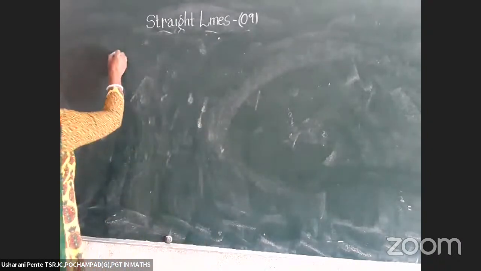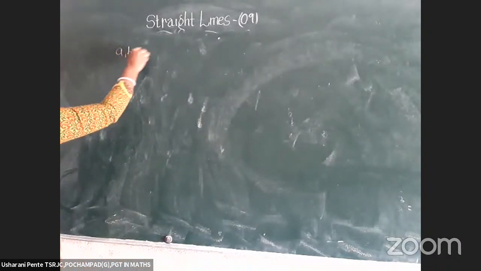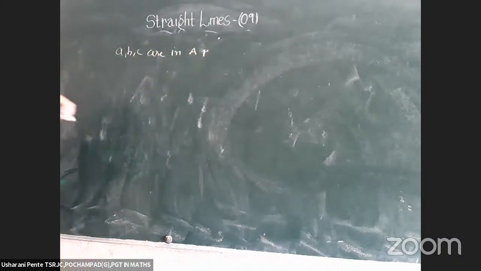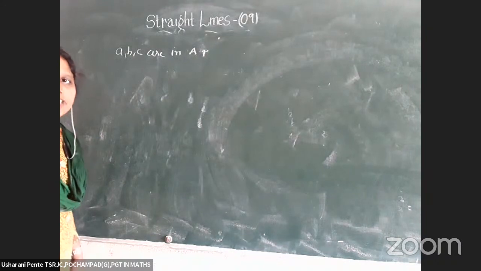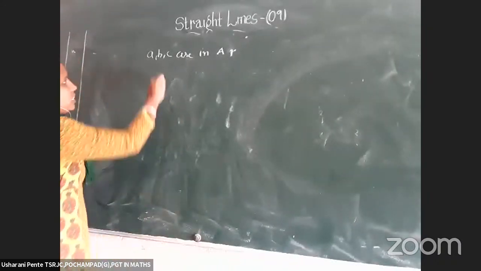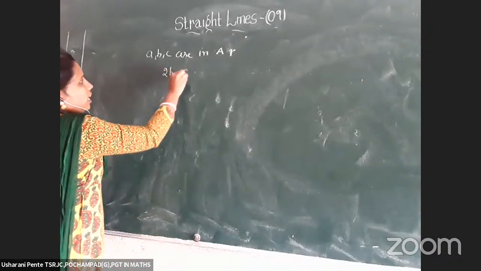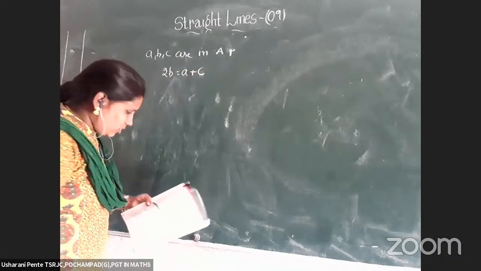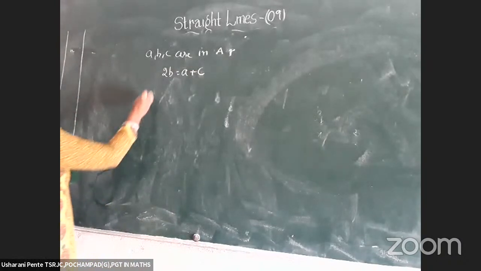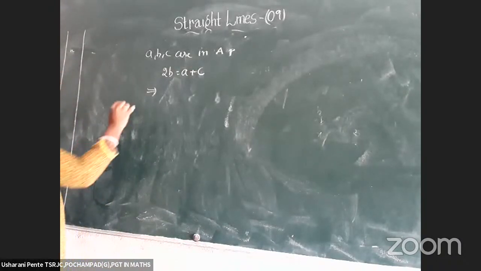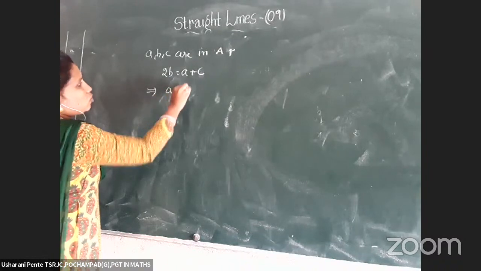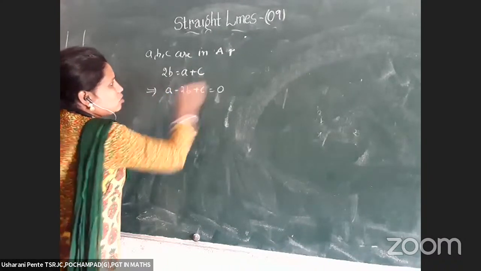What have they said? A, B, C are in arithmetic progression. We know that when they are in arithmetic progression, we can write 2b is equal to A plus C. 2b is equal to A plus C. If we frame this in the general form, that is A minus 2b plus C is equal to 0.